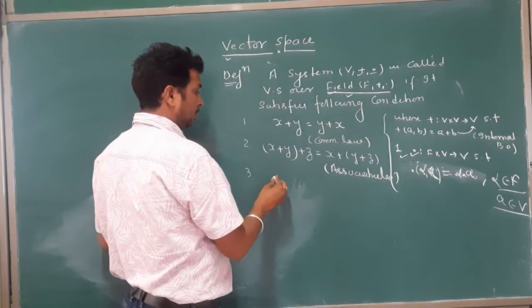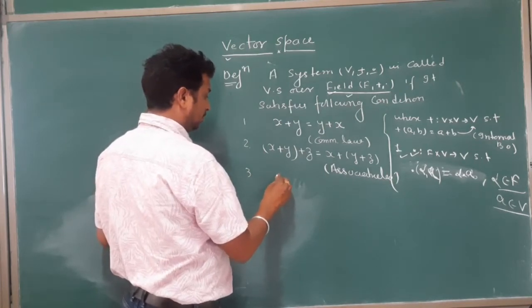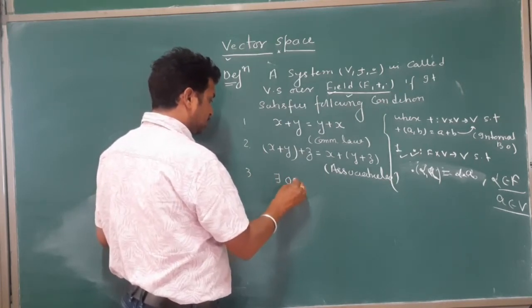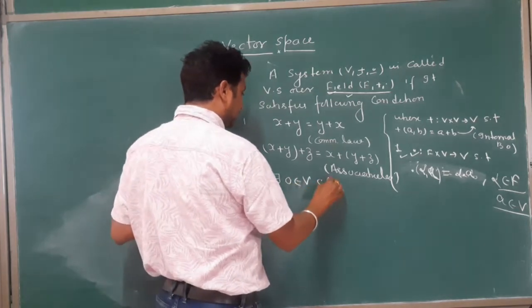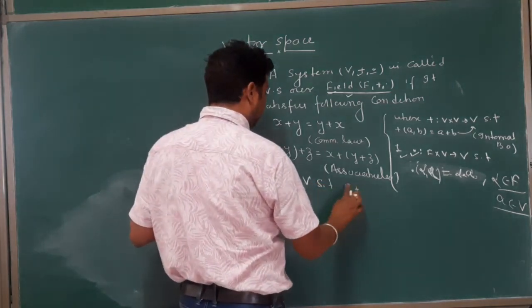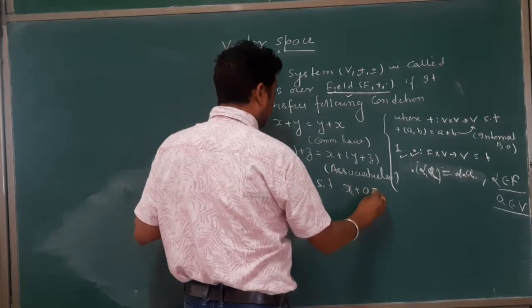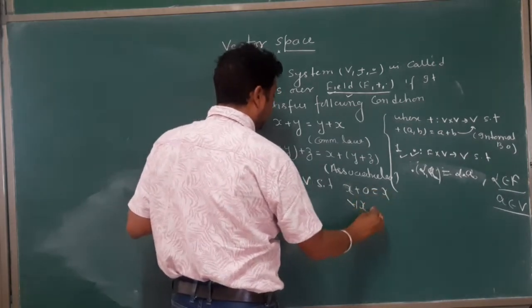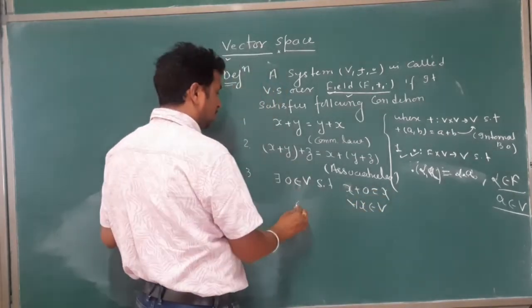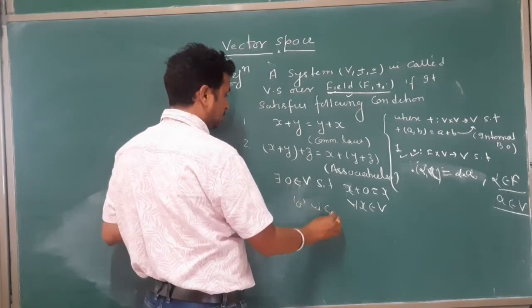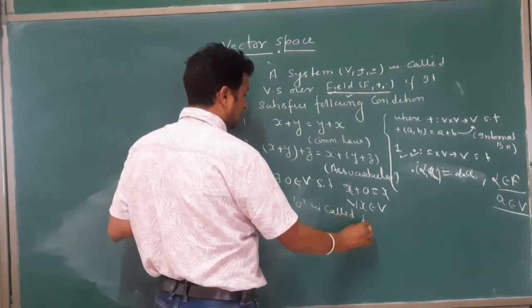Third is, there exists 0 belonging to V such that x plus 0 is equal to x for every x belonging to V. Here 0 is called the additive identity.